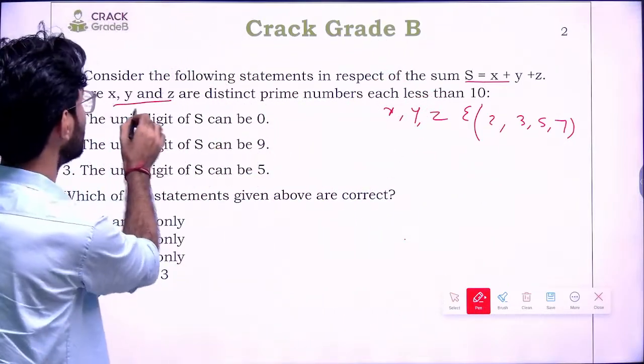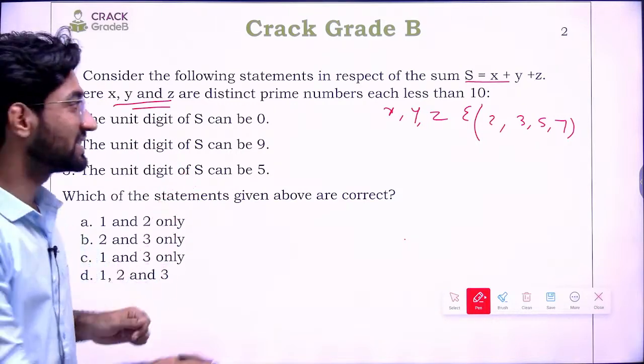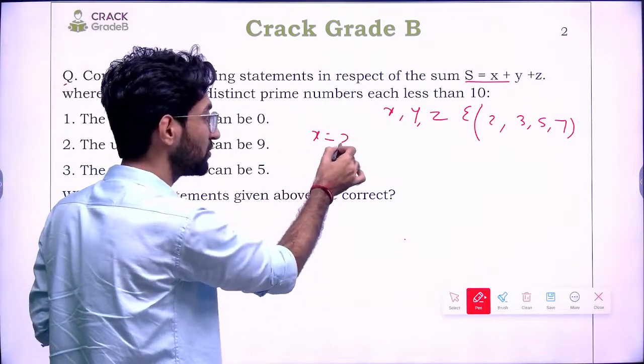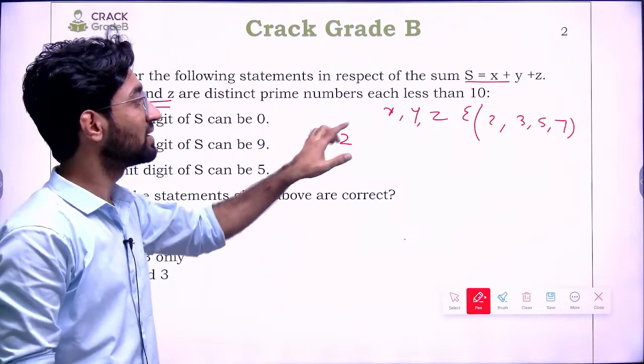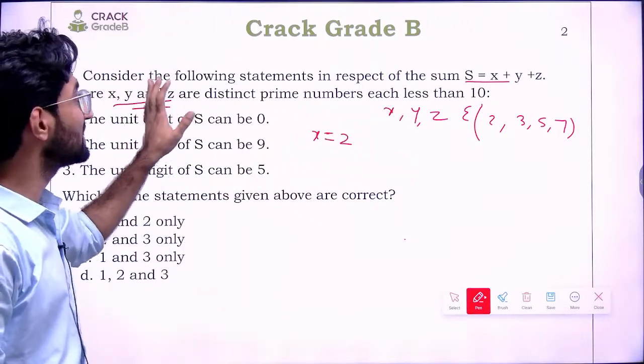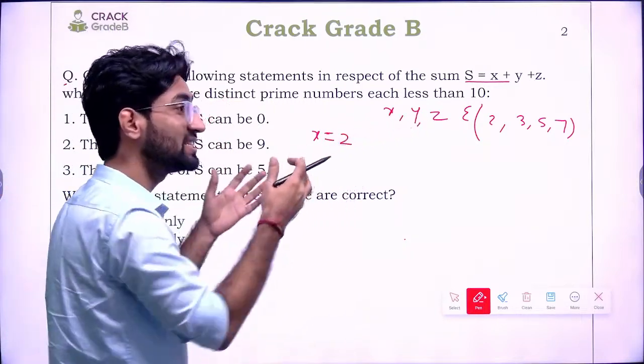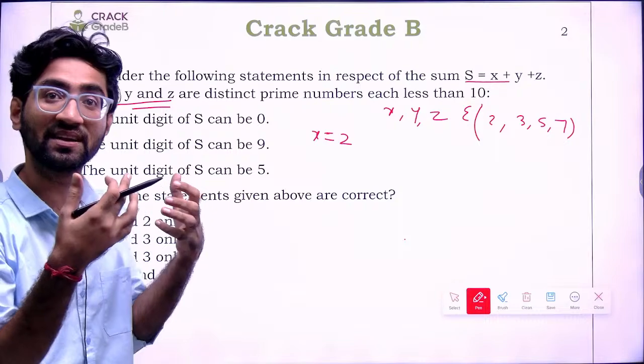And we have to keep in mind that x, y and z are distinct prime numbers. What does it say? It says that if you take the value of x equal to 2, you can't take the value of y and z equal to 2, because x, y and z are distinct, means the values of x, y and z are different.